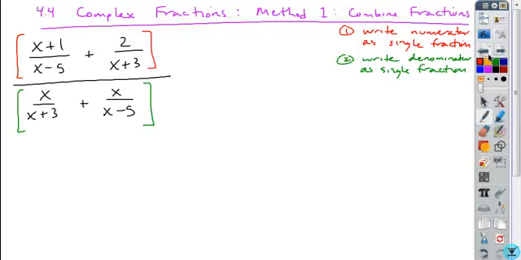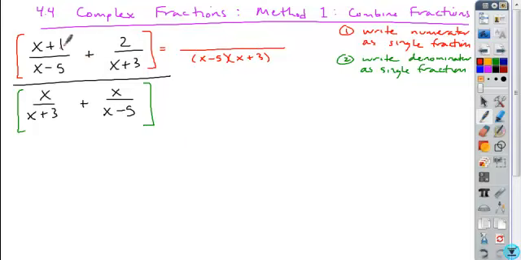Okay, so if we work through this, in order to combine this numerator as a single fraction, we're going to rewrite this as a single fraction using just the LCD of the two fractions involved. So we need a factor of x minus 5. We need a factor of x plus 3. So here's our LCD for these two fractions.